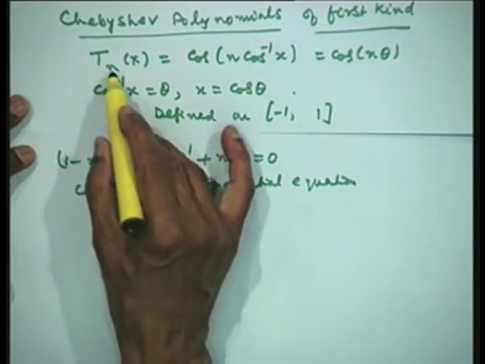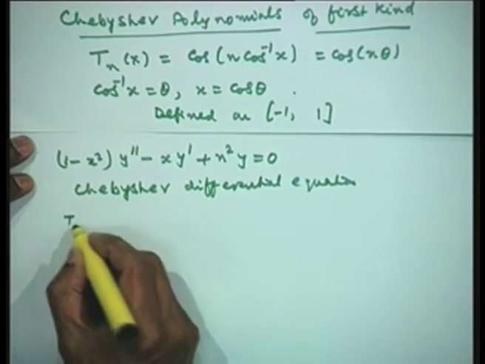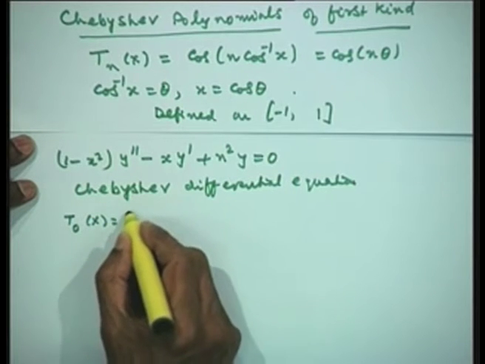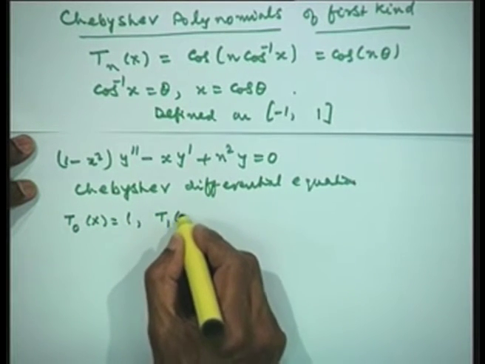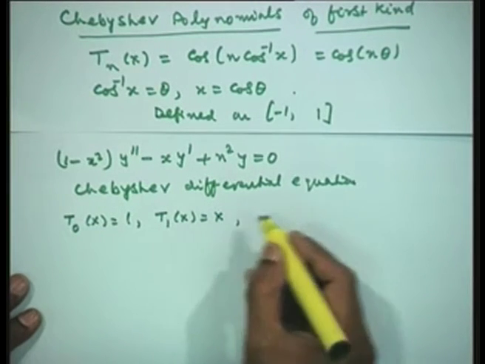Now, I can set n equal to 0, 1, 2 here and then get the values of the Chebyshev polynomials of the first kind. Again T0 of x is 1, T1 of x is equal to x, the first two polynomials are the same.